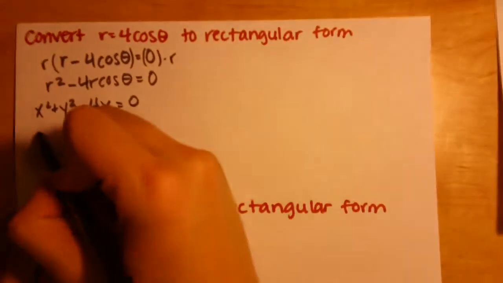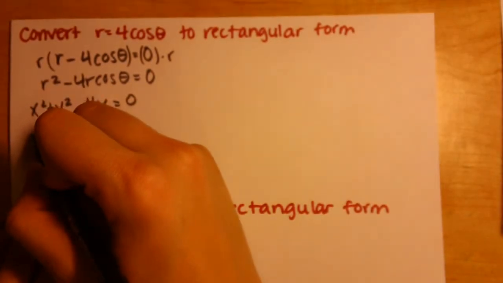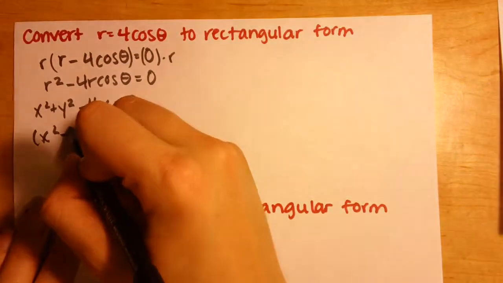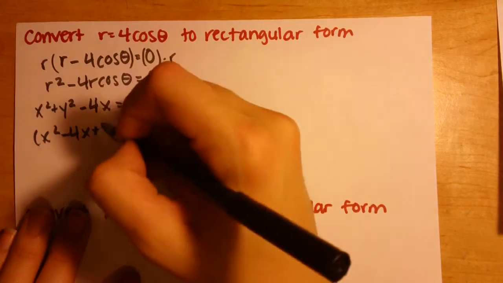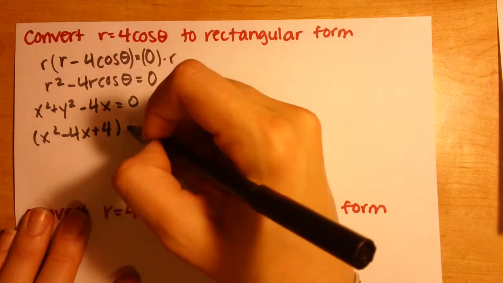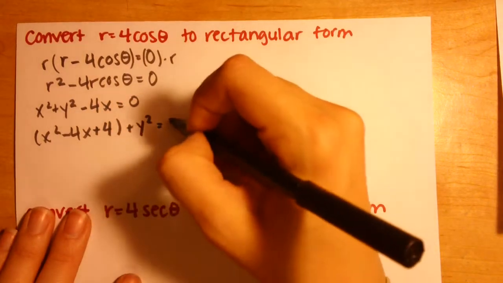So now I have x squared minus 4x, and I can complete the square, plus 4 plus y squared equals 4.